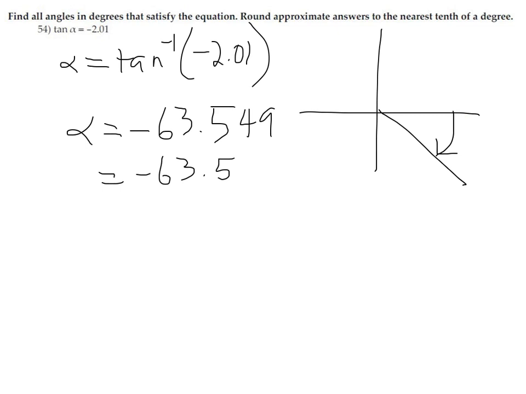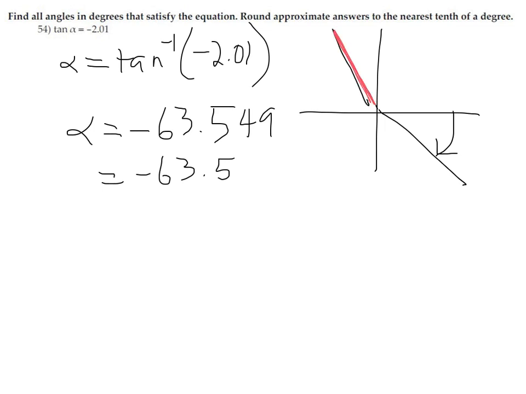This is again asking for all angles. Almost every book I've ever seen, when they do the plus 2k pi type of solution, they use positive values. So what I want is, first off, where is tangent negative? Tangent is negative here. Let's do this a different color.